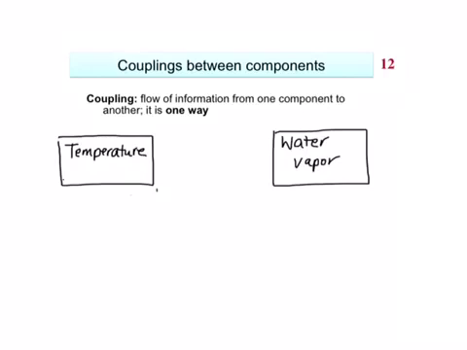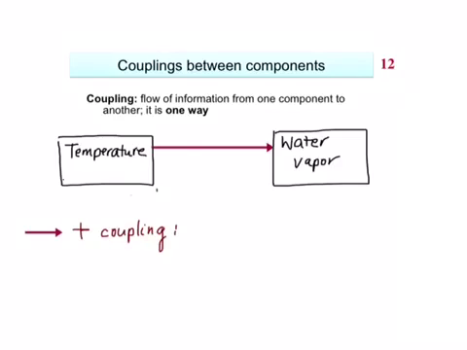And in the convention of system science, we would represent this positive coupling with an arrow. So I'm drawing an arrow here from temperature to water vapor. And so let's just create ourselves a little legend here. So the arrow represents a positive coupling.